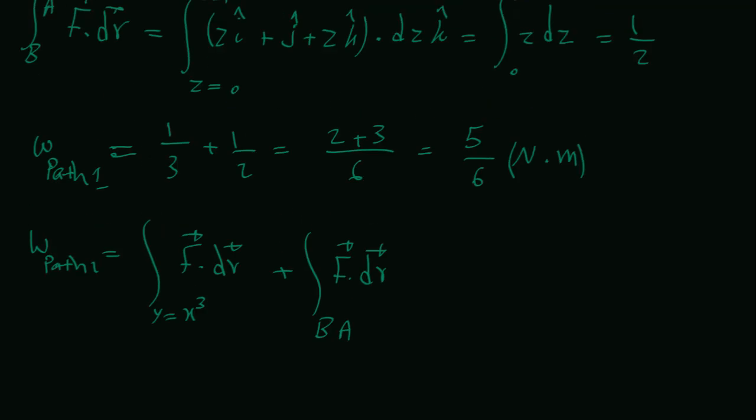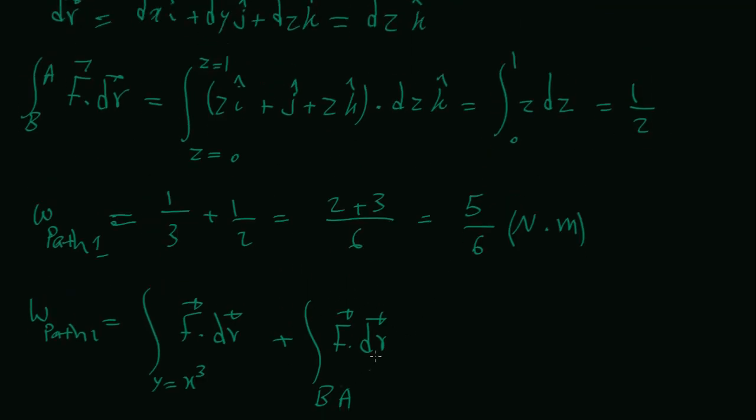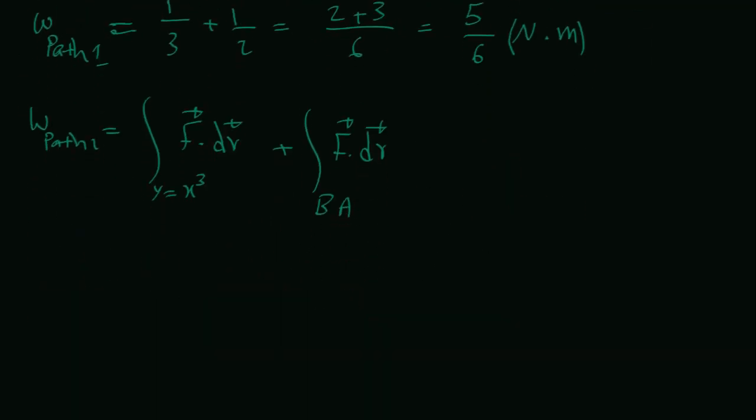This was just 1 over 2, so we can substitute that. Basically we just need to calculate the first term, so F dot dr on the curve path plus 1 over 2.